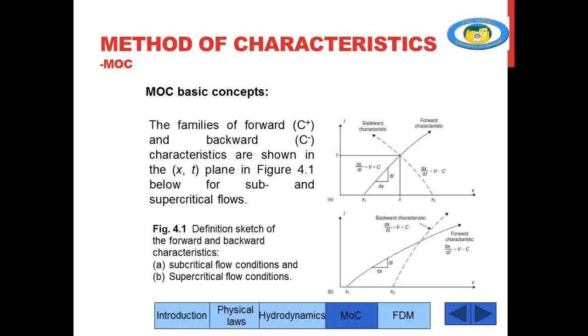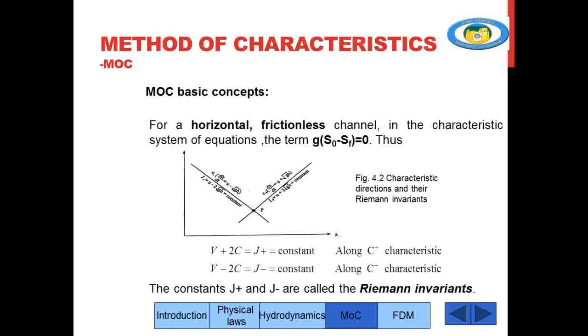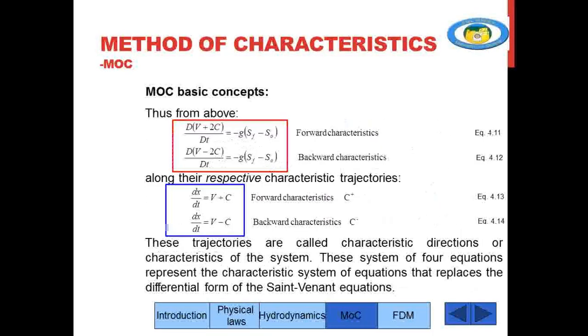Now, let's assume a horizontal frictionless channel in the characteristic system of equations, where we substitute for the term g(S0 minus Sf) in this set of equations. If we assume horizontal, which means S0 is 0, and frictionless, in which case Sf is 0. Since Sf and S0 are equal, as in kinematic wave routing, this term is going to be 0.